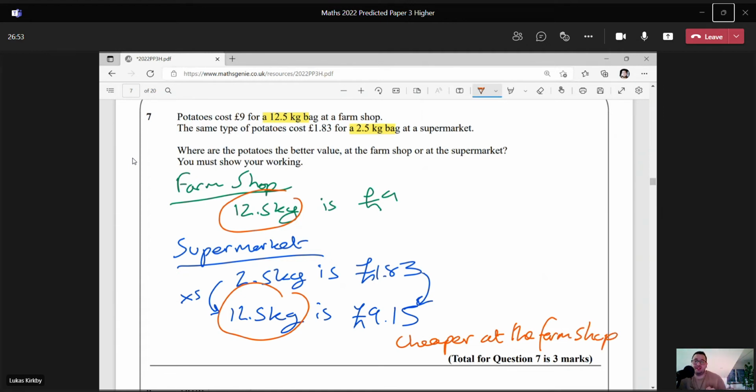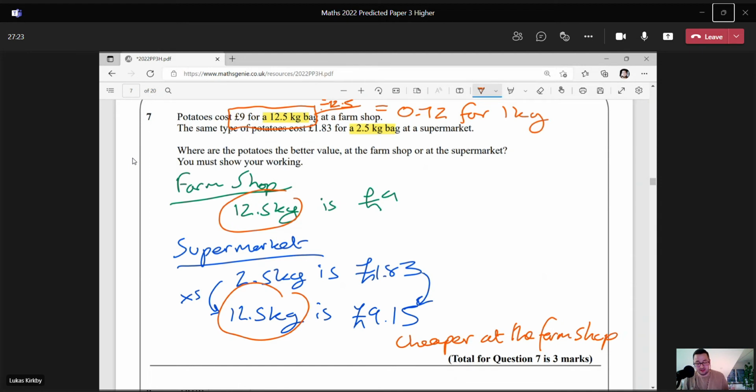Your other way of answering this question, if you didn't spot that 2.5 goes into 12.5, is you could just bring it all down to 1 kilogram. So for the farm shop, you divide the £9 by 12.5, so 9 divided by 12.5, and we end up with £0.72, and that's for 1 kilogram.